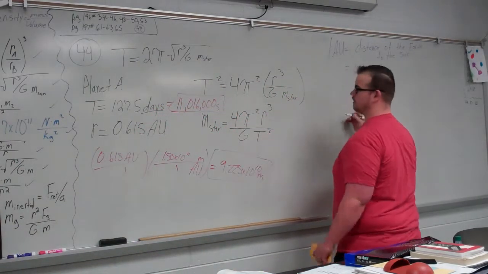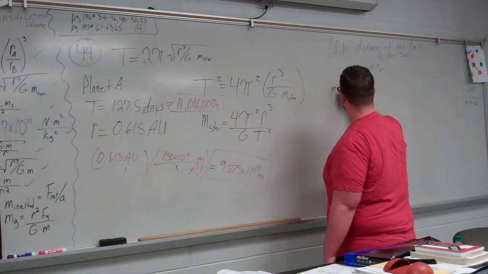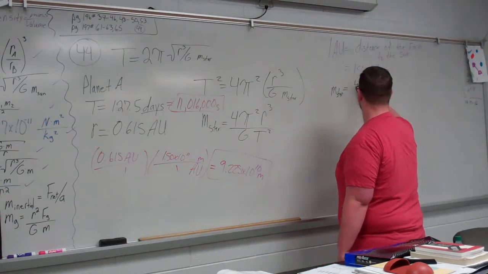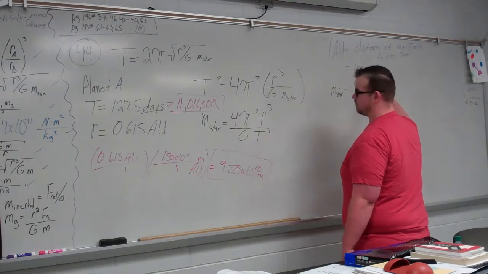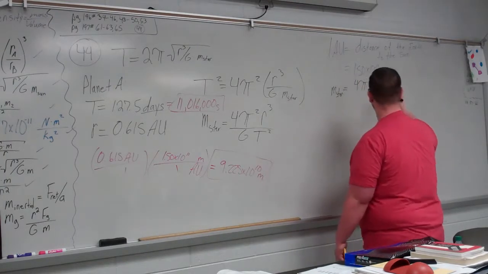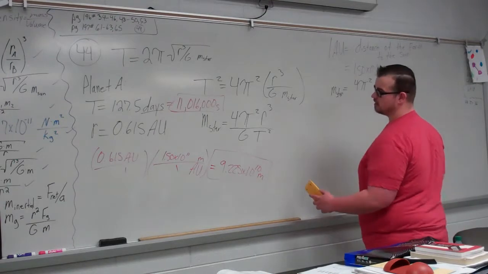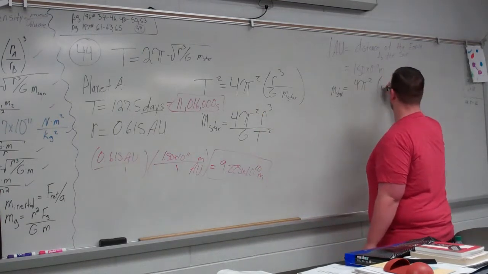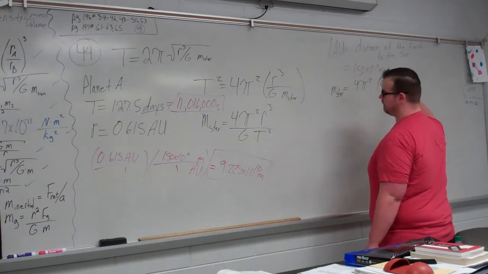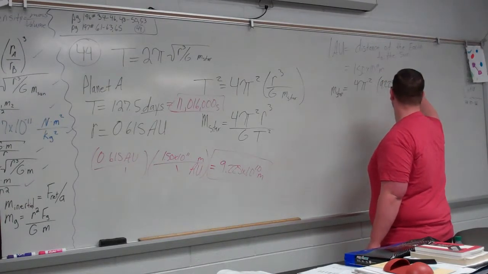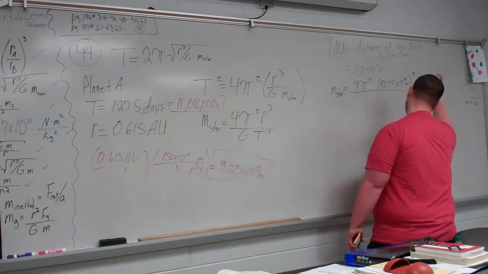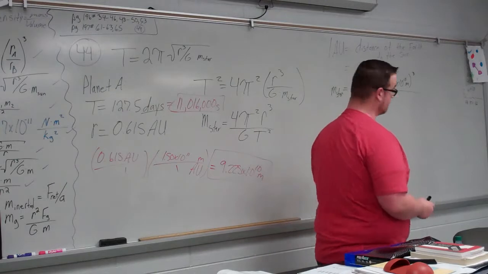All right, so the mass of the star is equal to 4 pi squared times the radius cubed. The radius we just solved for. There it is, 9.225 times 10 to the 10 meters cubed. Notice I'm carrying my units with it.